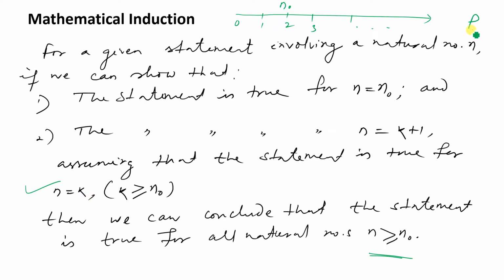I may call it with a subscript, like P2 is true. Then you have to assume that Pk is true, then find out whether Pk plus 1 is true or not. If it is true, then this statement P is true for all natural numbers greater than or equal to 2.